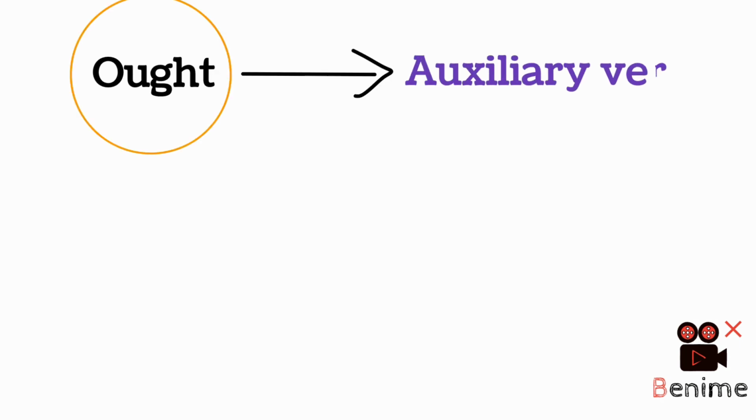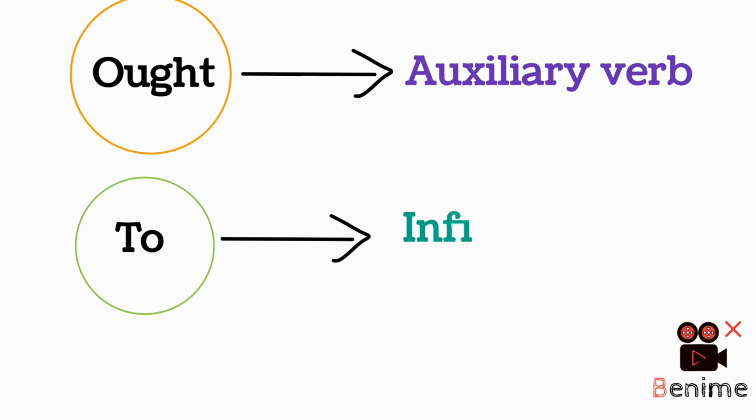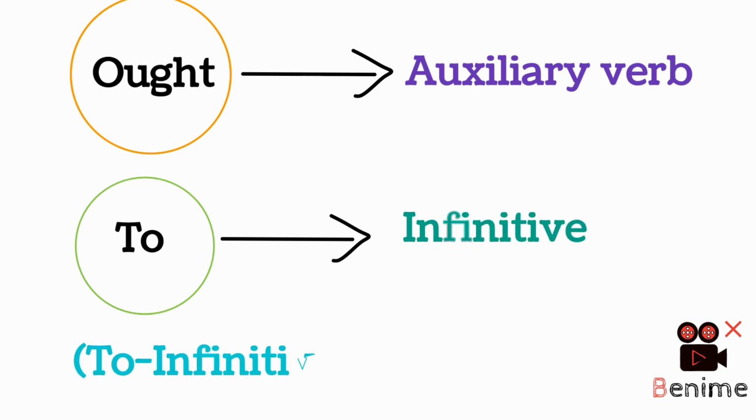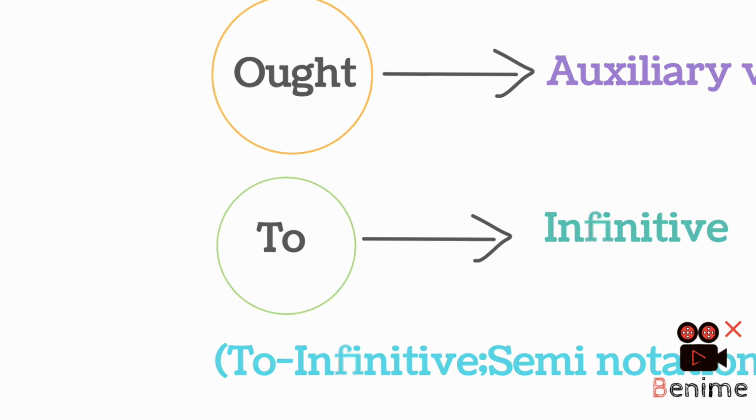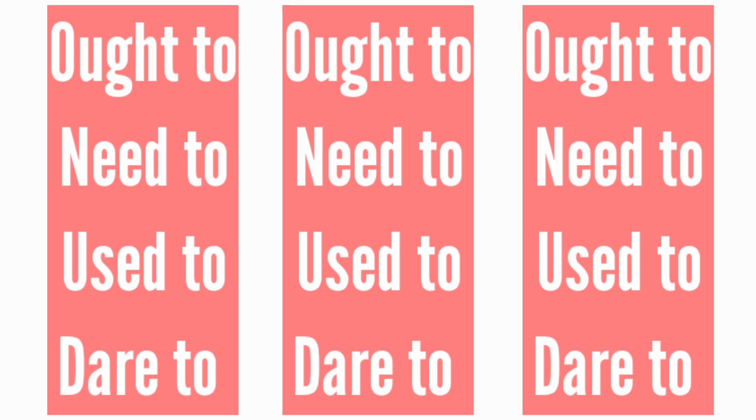That's why we call these semi-modals quasi-modals. It gives a notation of bringing the word to along with the auxiliary verb. Why are ought to, need to, used to, dare to called quasi-modal auxiliary verbs?